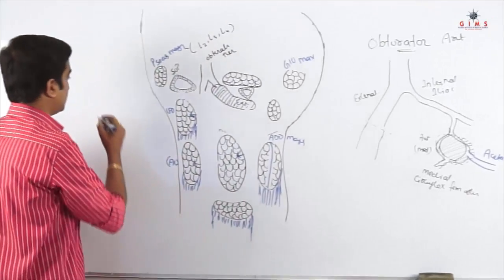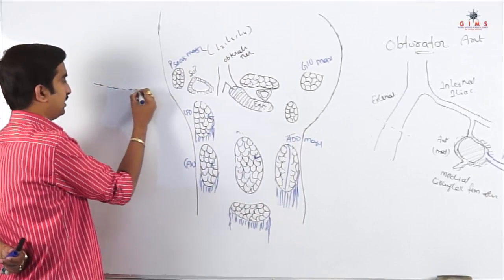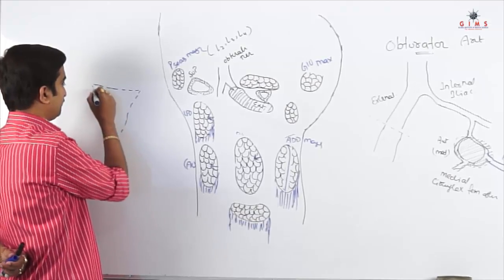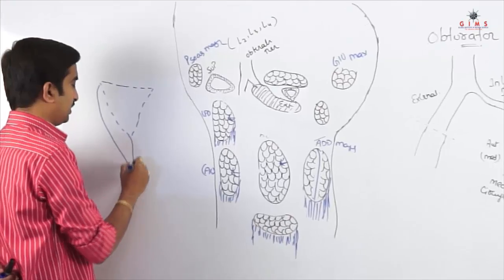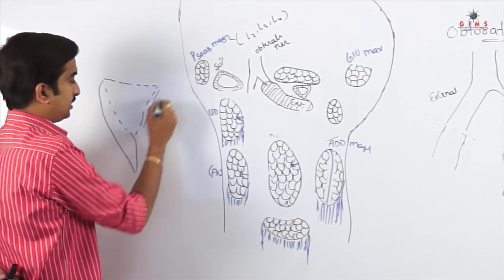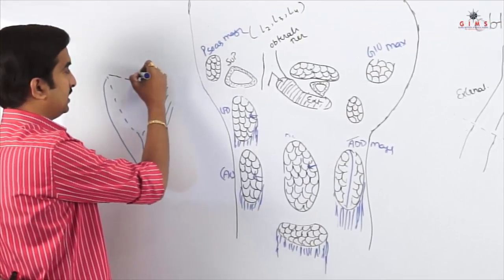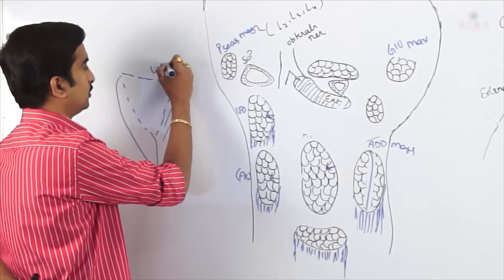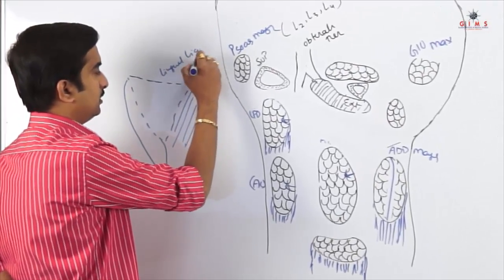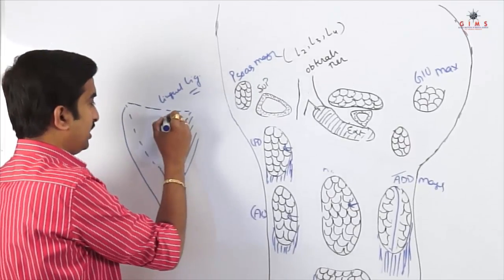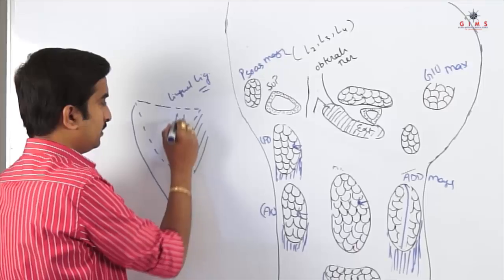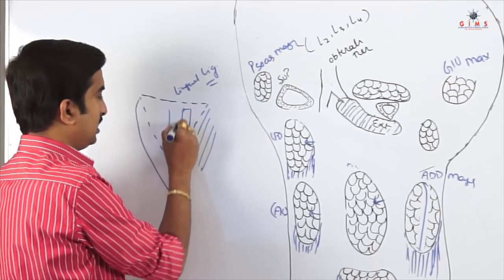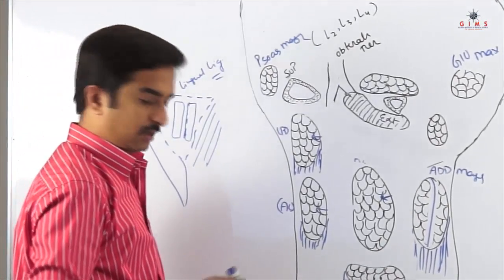So let us see the femoral triangle here. You know that the femoral triangle is formed by the sartorius as well as adductor magnus muscle as well as inguinal ligament, right? Here you can see the femoral vein, and here you can see the femoral artery, right?